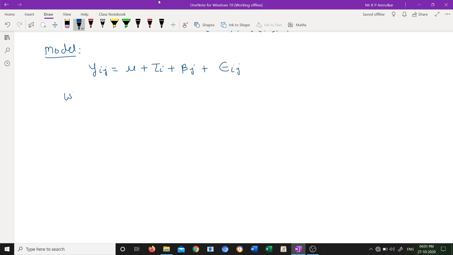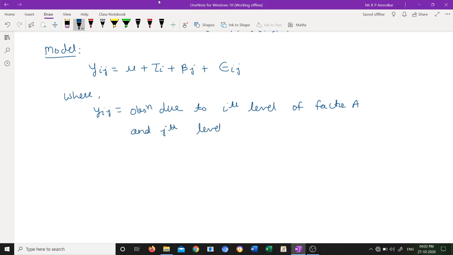where Yij means observation due to ith level of factor A and jth level of factor B. Mu means overall mean effect.